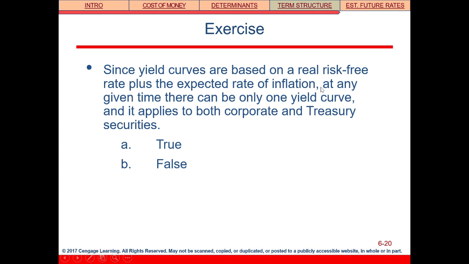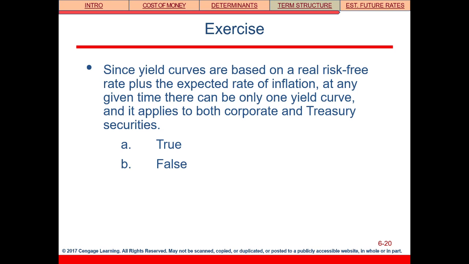The second one: since yield curves are based on the real risk-free rate plus the expected rate of inflation, at any given time there can be only one yield curve, and it applies to both corporate and treasury securities. True or false? This part is true, but the yield curves are based on the real risk-free rate plus the expected rate of inflation, plus some other premiums, including default risk premium, liquidity premium, and maturity risk premium, right?